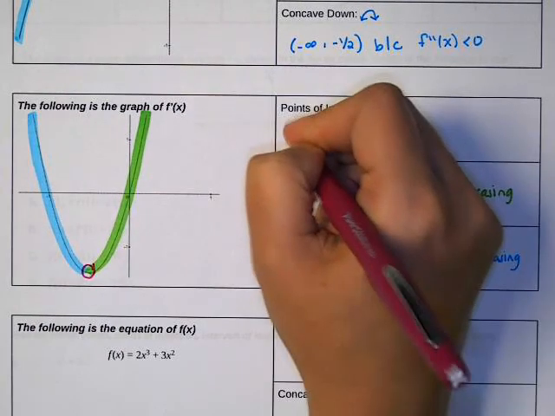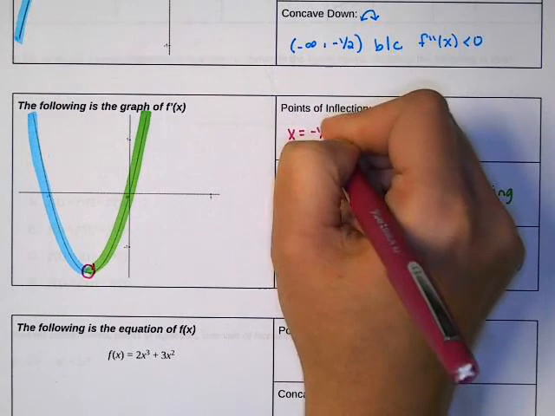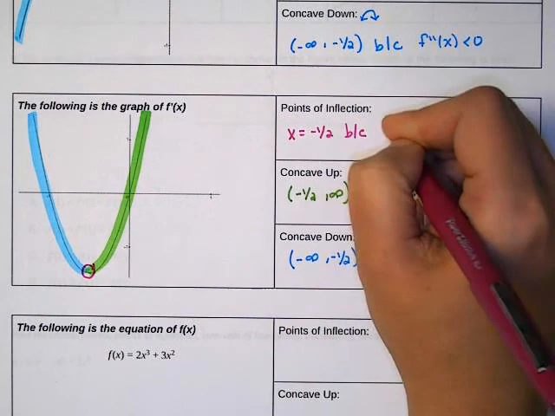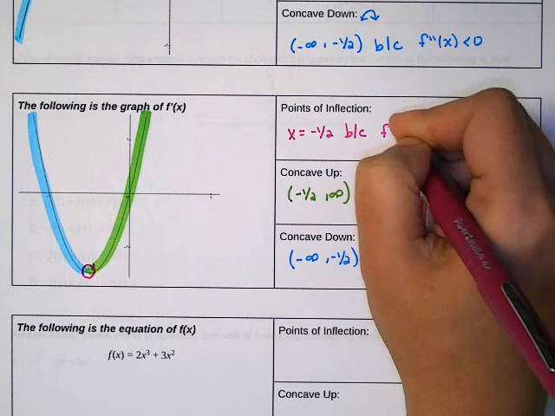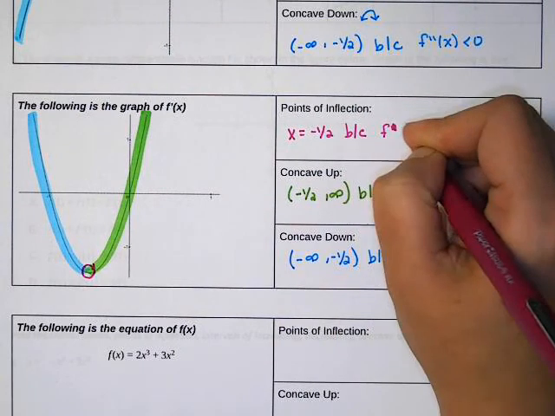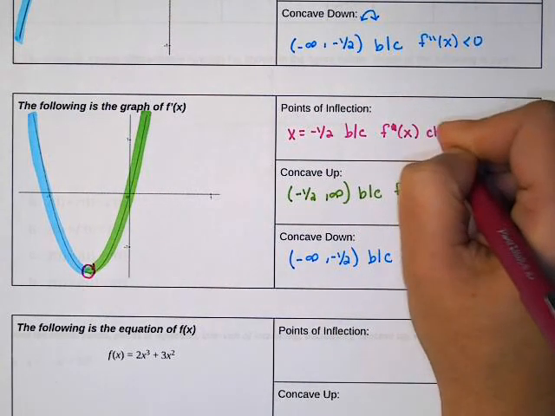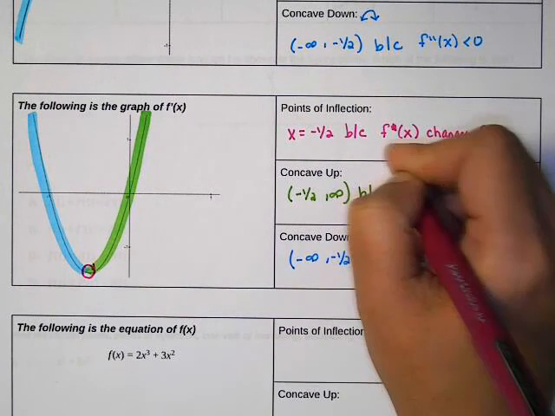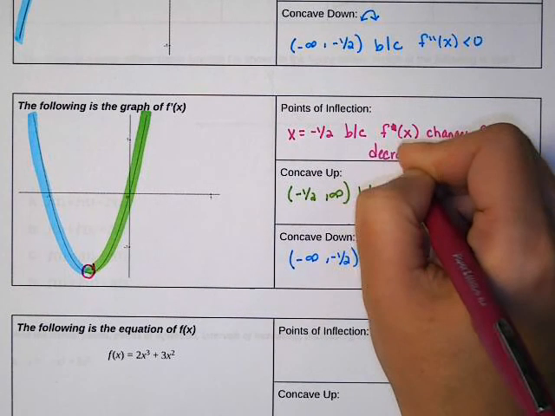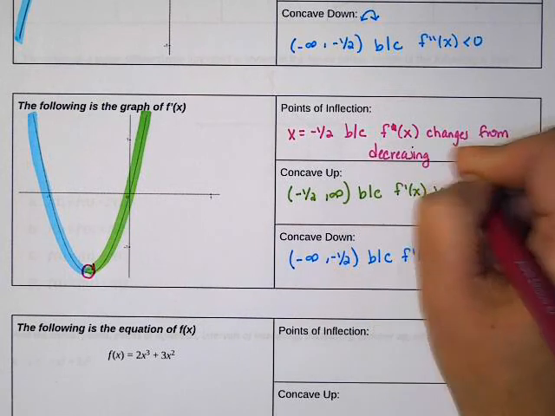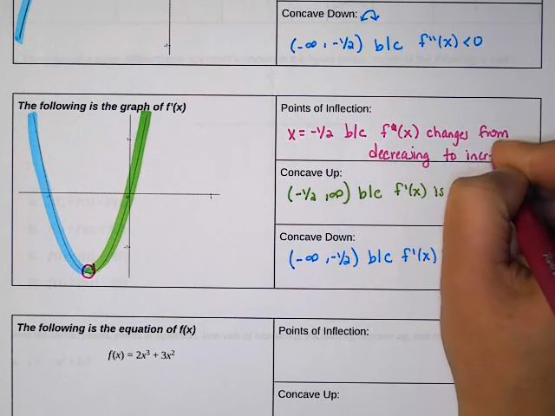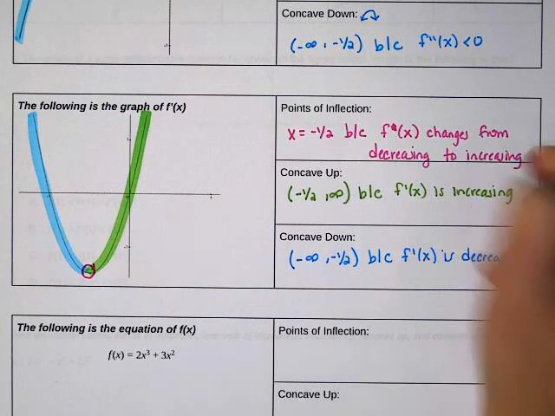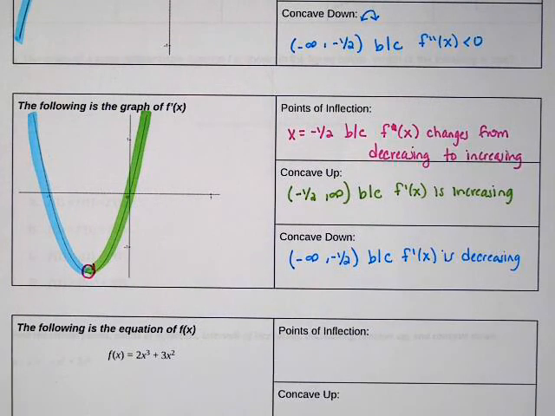So that's going to be when x equals negative 1/2, because f prime of x changes from decreasing to increasing. It changes from downhill to uphill.